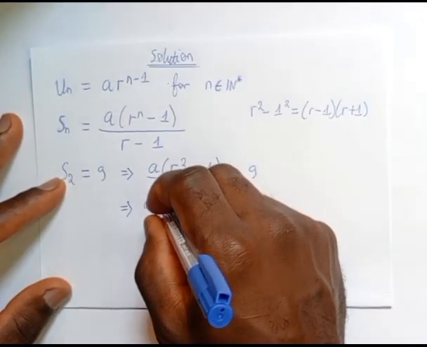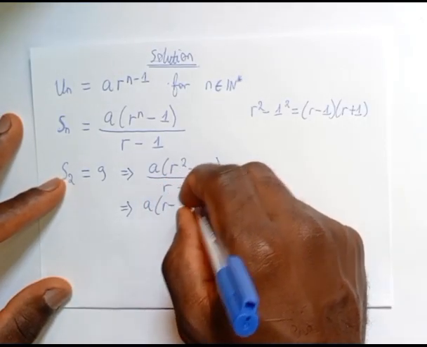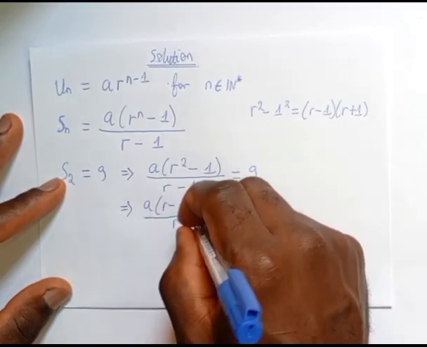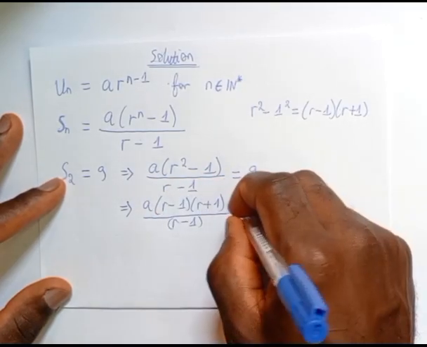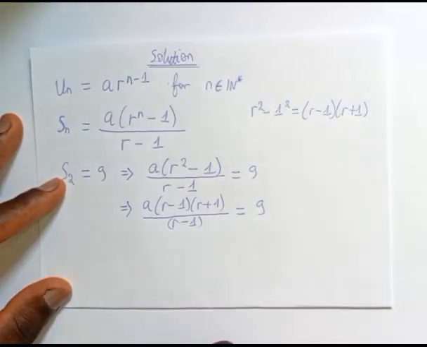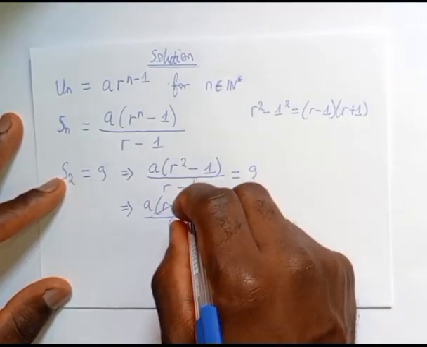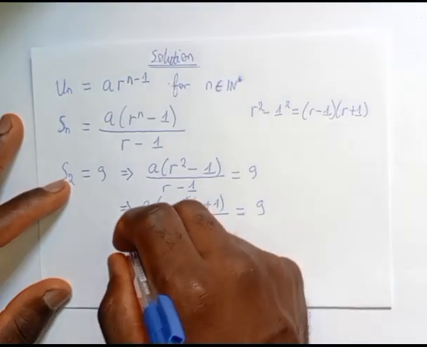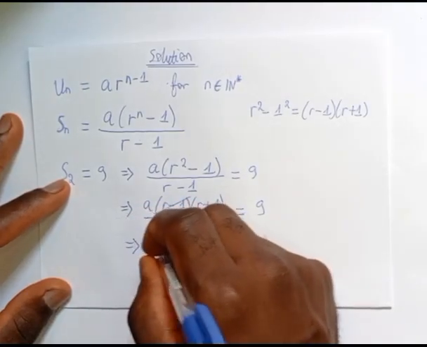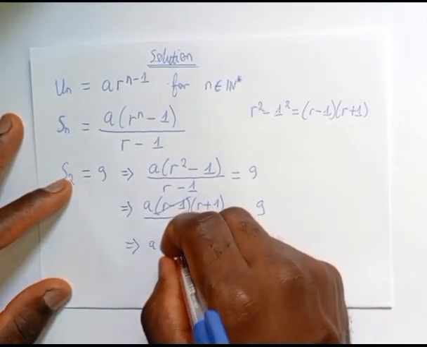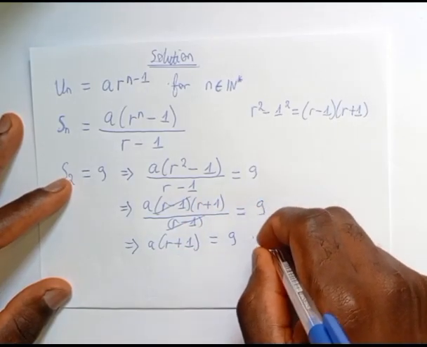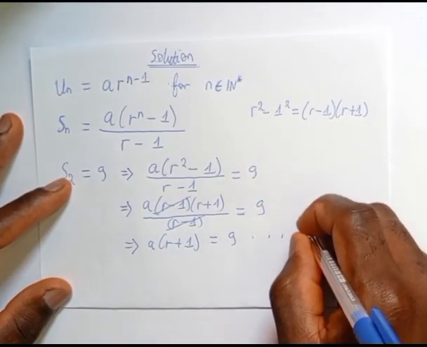So this will give us a times r minus 1 times r plus 1 all over r minus 1, and this will be equal to 9. The r minus 1 in the numerator will strike off the r minus 1 in the denominator. We will be left with a times r plus 1 is equal to 9. We are going to call this equation 1.